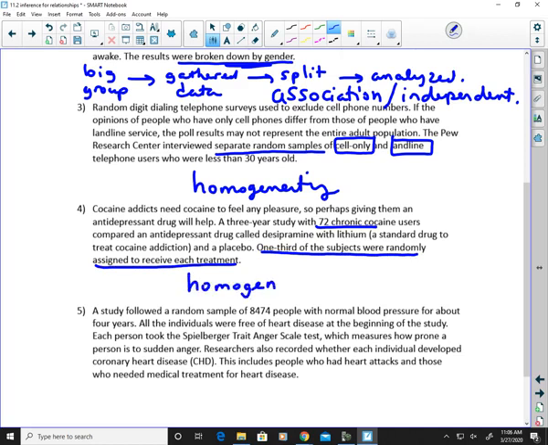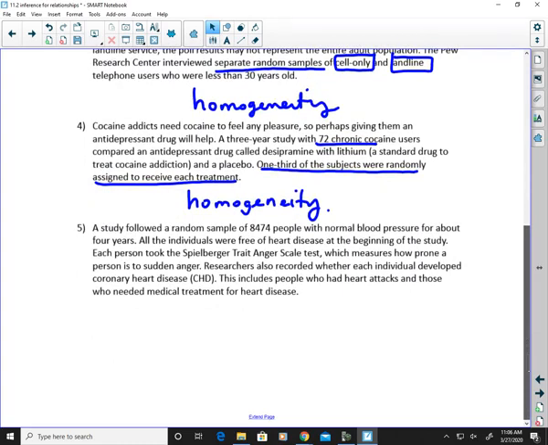Is there a difference between the drug's effectiveness? Last one. Big group of people. Now we have to see: did they separate them before gathering the data or after gathering the data?